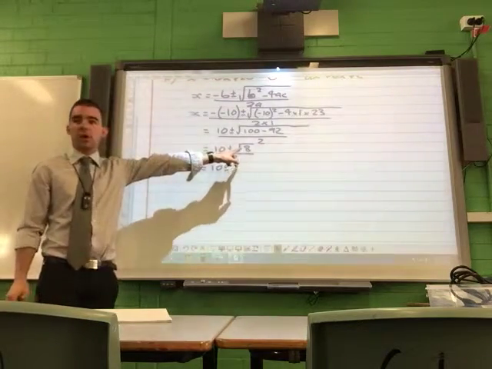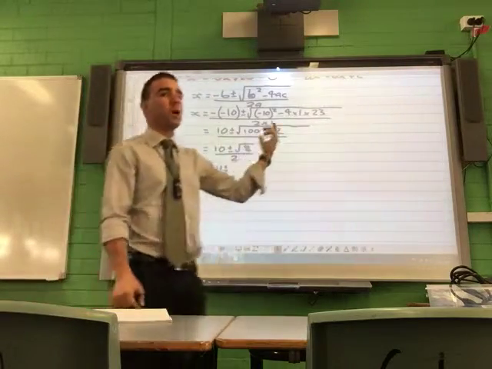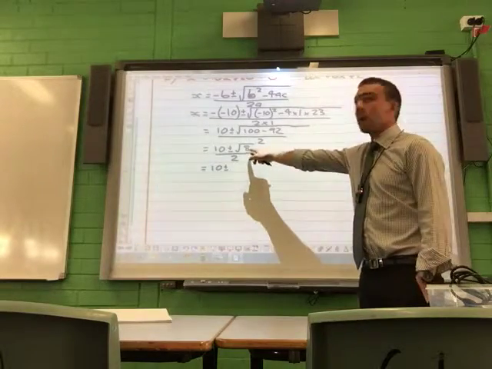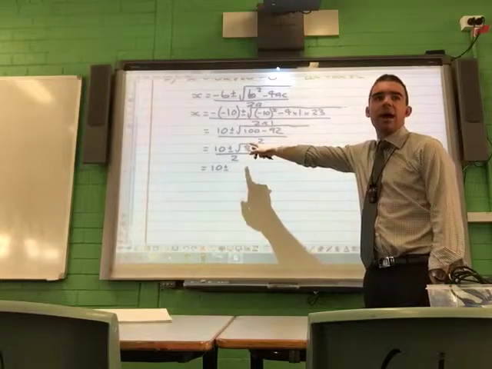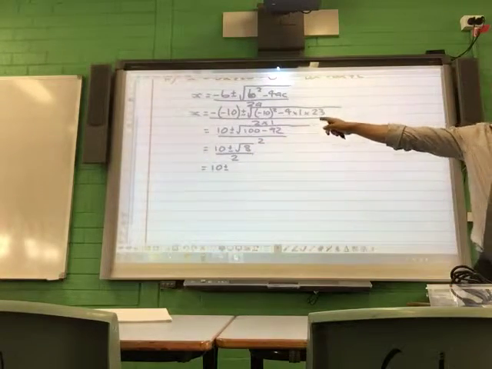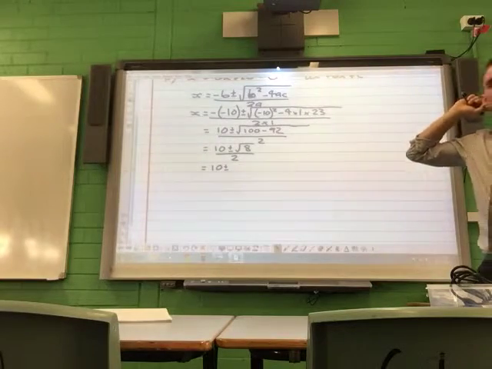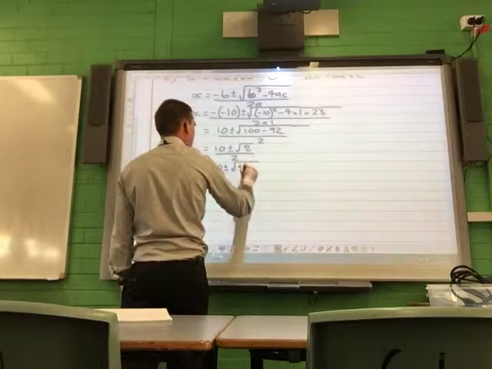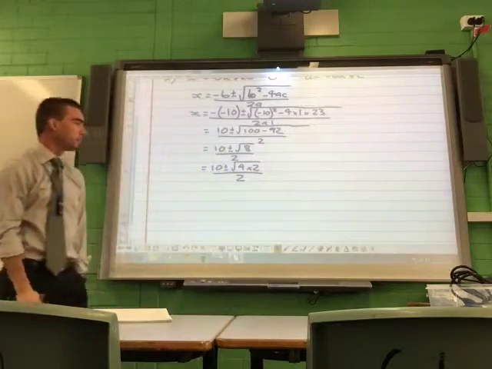So, in the topic of surds, we looked at how to simplify things in surds by looking for a square number times another number that gives 8. So what's the square number times another number that gives me 8? 4 and 2. Okay, so 4 is square. So the square root of 4 times 2, all over 2.